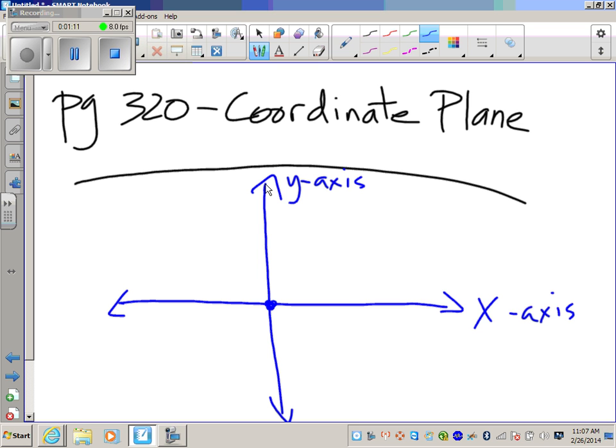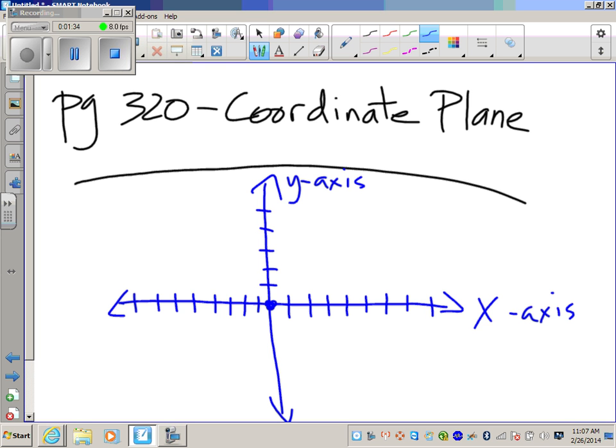And on this, it works just like a regular number line. So when you're looking for a positive 2, it's right here, just like you would on a regular number line. Now vertically on the y-axis, 1, 2, 3, 4, 5, these are all positive.